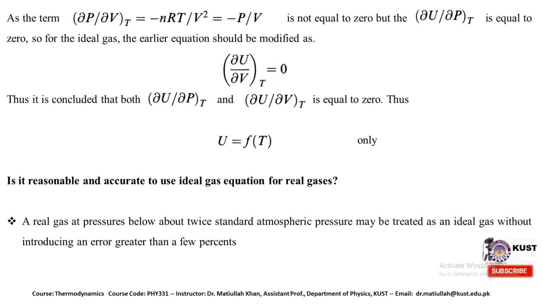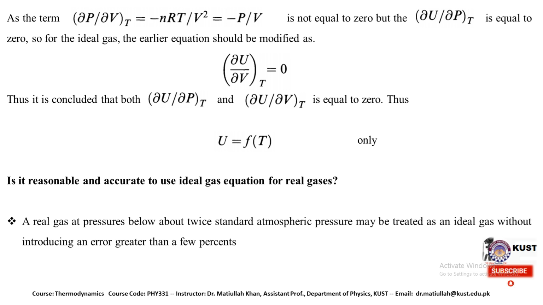So is it reasonable and accurate to use the ideal gas equation for a real gas? Whether it is possible to do that: a real gas at pressures below about twice standard atmospheric pressure may be treated as an ideal gas without introducing an error greater than a few percent.